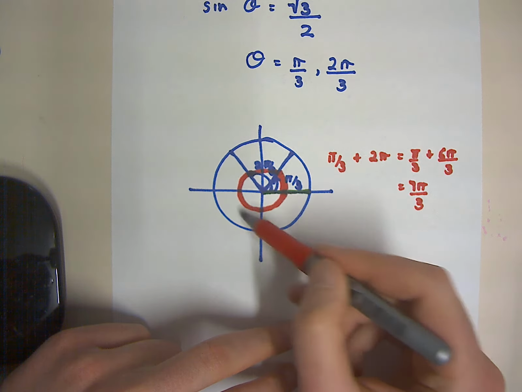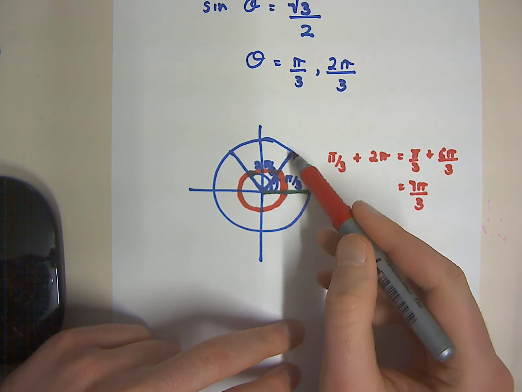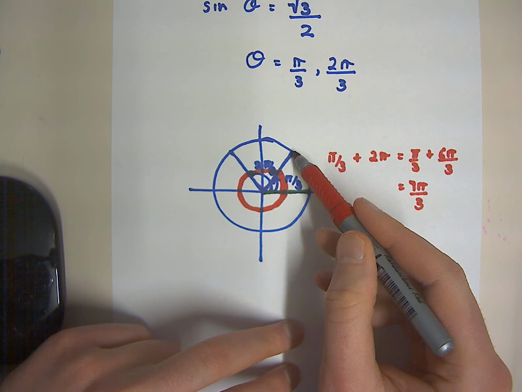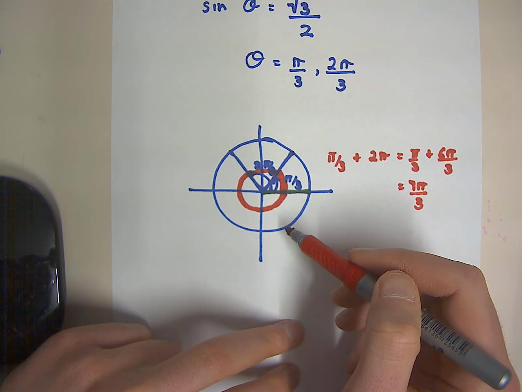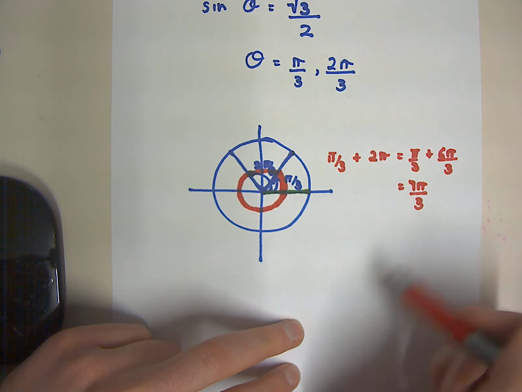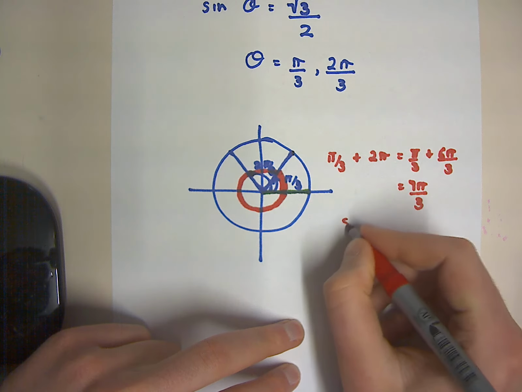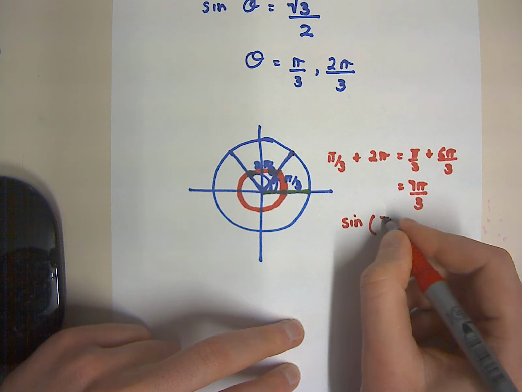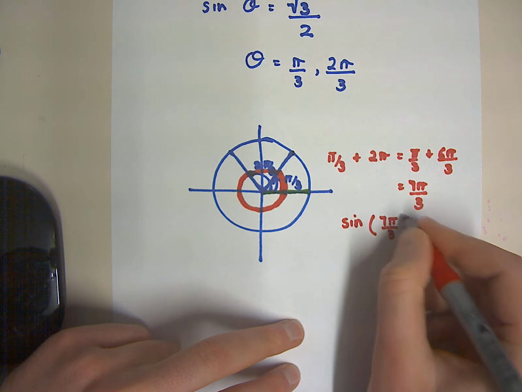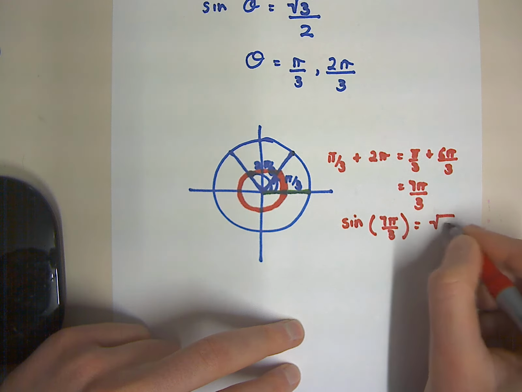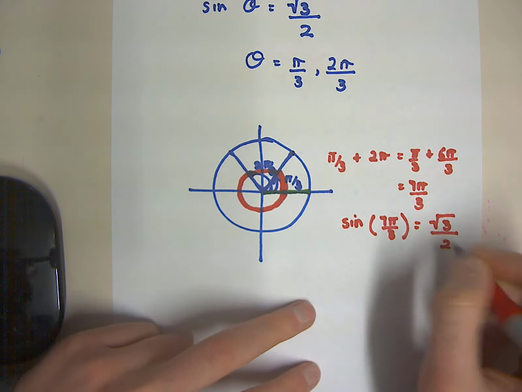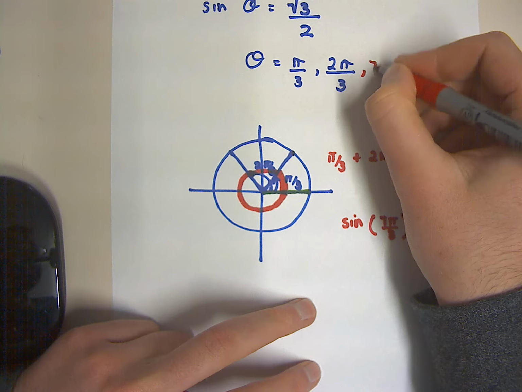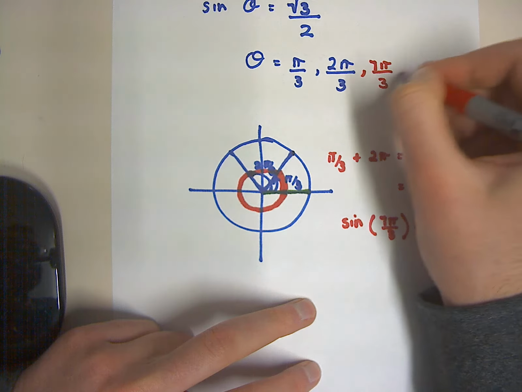Because you see, by coming around here another full revolution, the sine of that angle is still the y coordinate of this point here. And so sine of 7 pi on 3 is root 3 on 2. So if I'm going to give the solutions for theta, 7 pi on 3 has to be included.